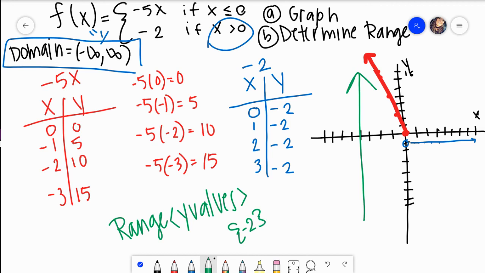And then I notice that if you go up even further, you end up getting to 0, and it does include 0. I'm going to union that with 0. And then I notice that it's continuing to go up, up, up forever. So we get infinity. So that would be a picture of my graph and finding the range of that piecewise function. Okay, thanks y'all.